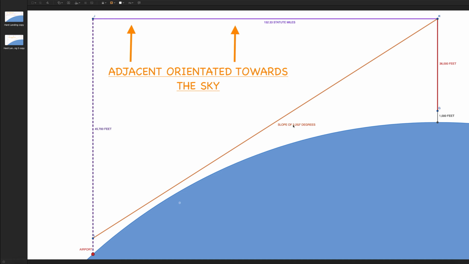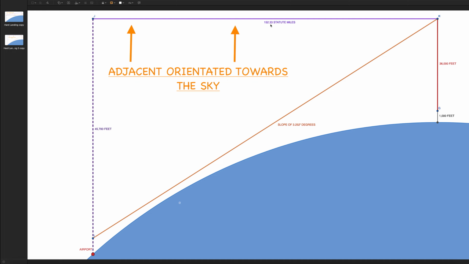And their slope of descent, if anyone wants to do the maths, I'm not going to do it now because I don't want this video to be too long, even though it'll be long anyway, will be 3.252 degrees. So instead of a 3 degree descent, it's going to be 3.25, right? They need a 3.25 degree angle of descent, and it needs to last for 152.33 miles.